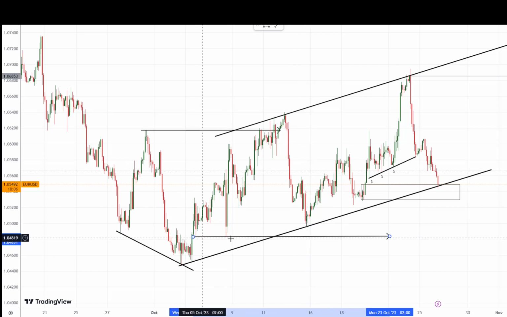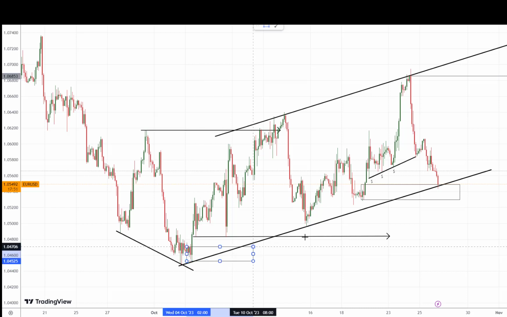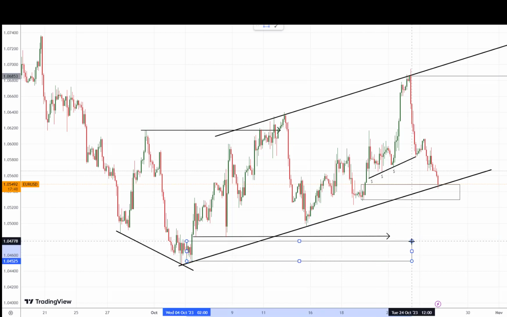You can see here there's a low, so these are two equal lows, meaning there's a lot of liquidity there. I wanted price to push below there, trigger into this OB here.